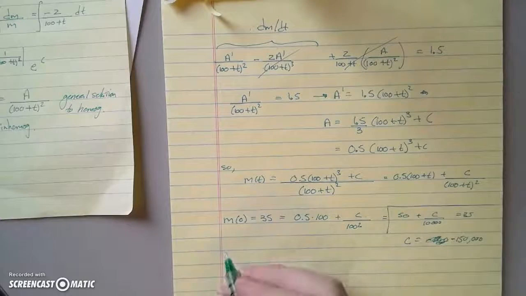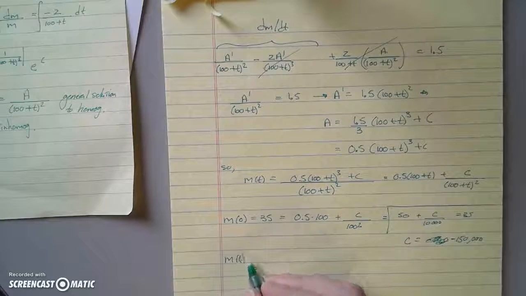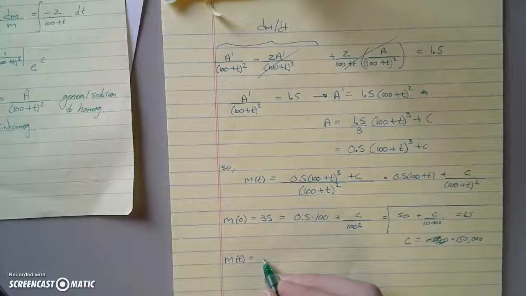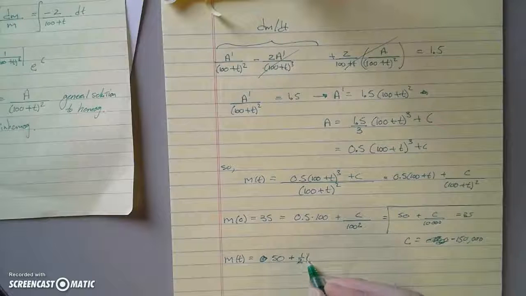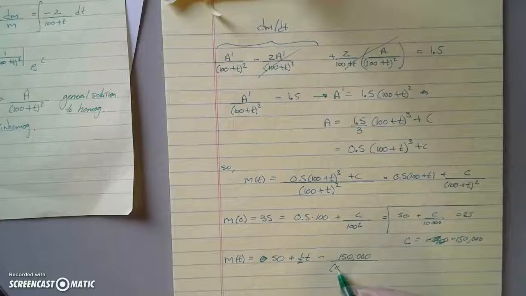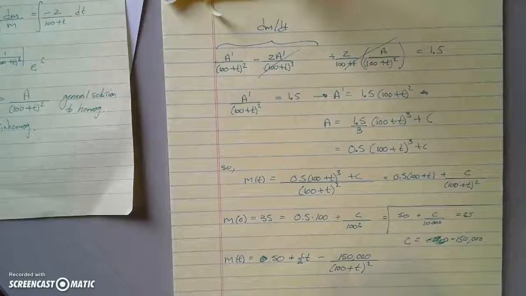So then our solution, m of t, let's write it like this. Let's write it like 50 plus 1/2 t minus a big old number over this stuff. Right?